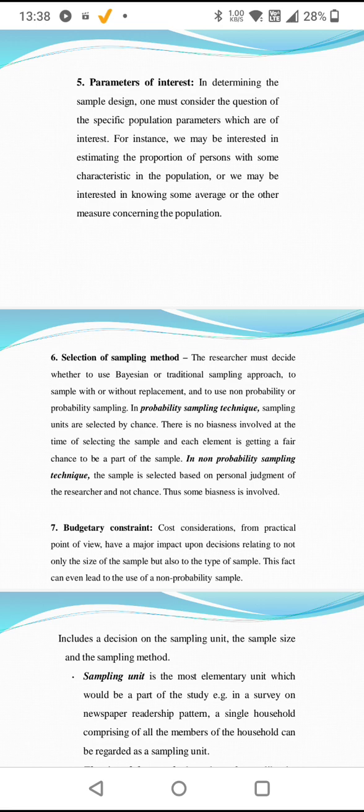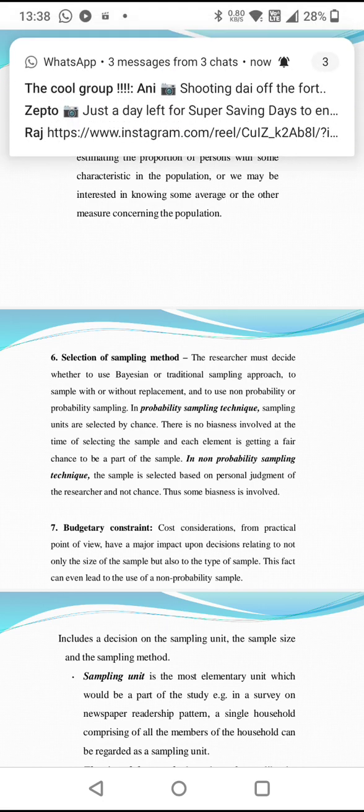Systematic bias can result if the questionnaire or the interviewer is biased. Similarly, if the physical measuring device is defective, there will be systematic bias in the data collected through such a measuring device. So it is dependent on the measuring device whether it is correct or a defective one. So first one being inappropriate sampling frame, and the second one being defective measuring device.